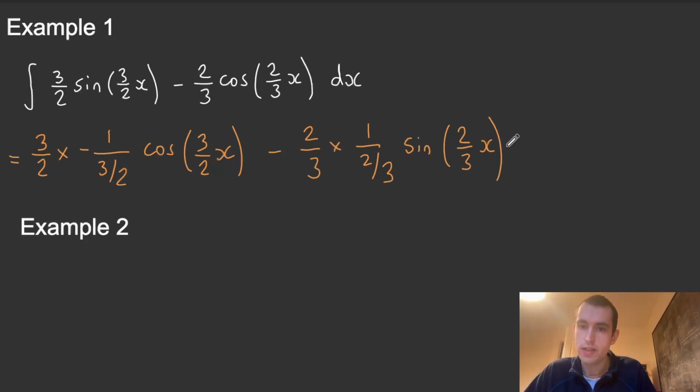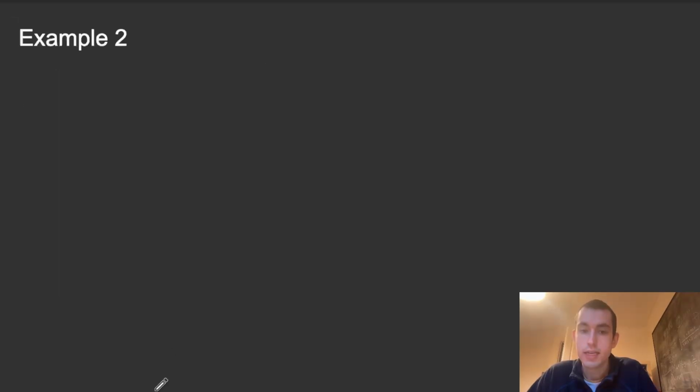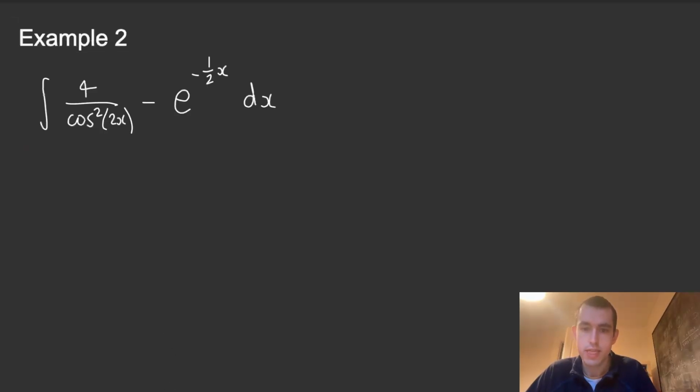If we then simplify this, we're going to get minus cos 3 over 2x, and we're going to get minus sine 2 over 3x with the plus c at the end. If you're ever unsure, then you can differentiate this and you can check it's the same as what's in the integral.